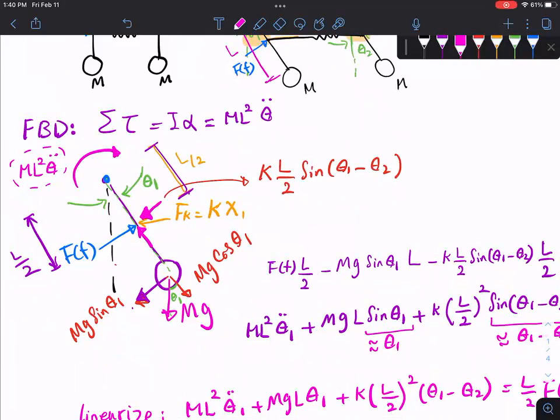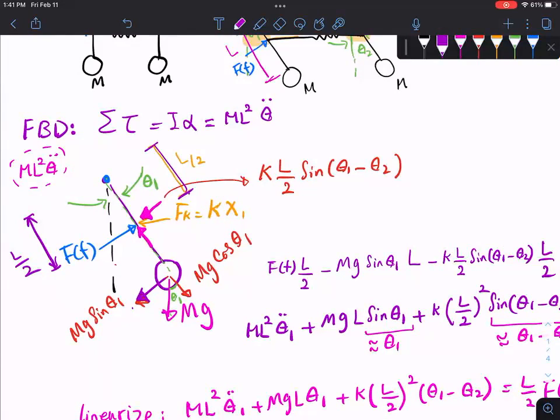So mg sine of theta 1 is creating a torque like this, while f of t is going to have a torque in the opposite direction. Actually, it's the other way around. f of t is going to create a torque in this direction, and then everything else wants to oppose that.